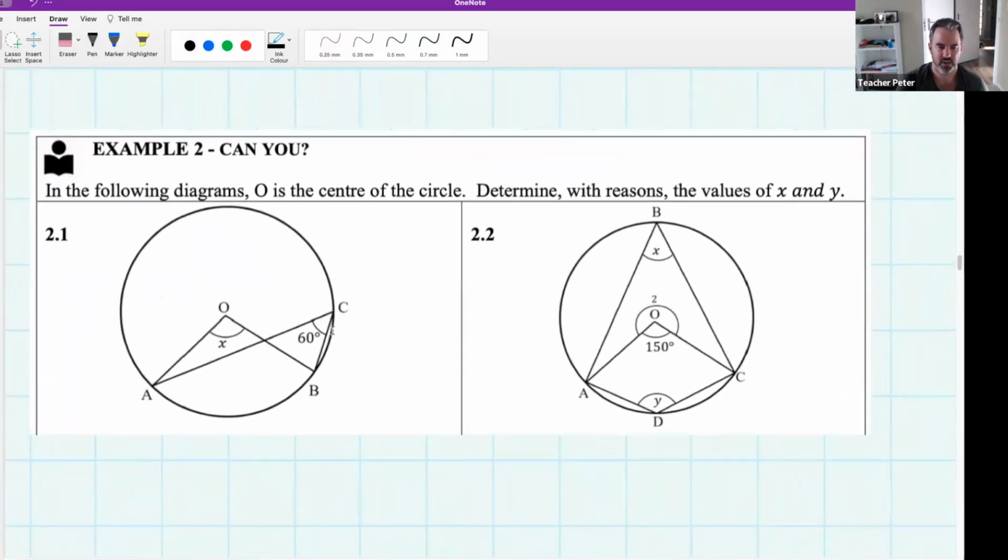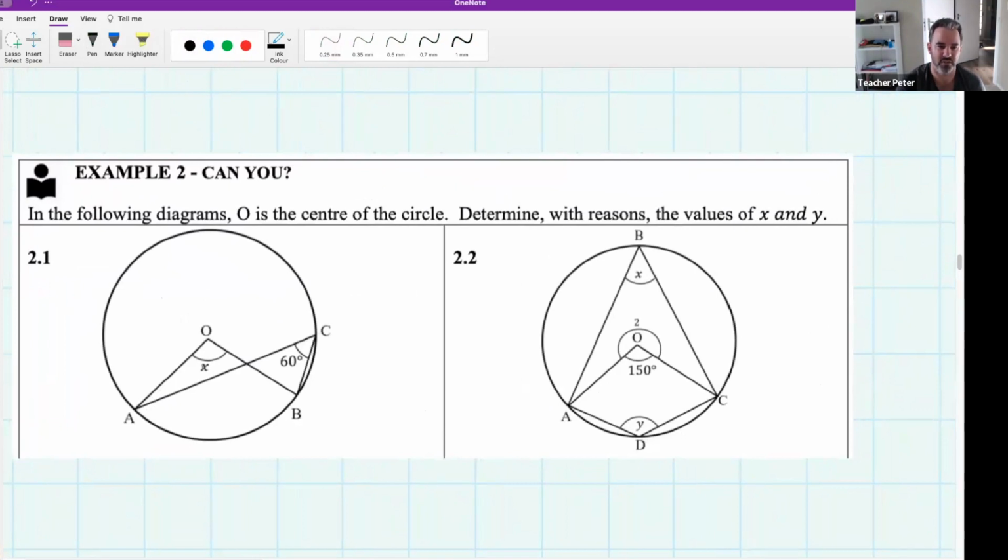Now, I want us to try and find the value of X in this drawing. What do we think the value of X is going to be in this drawing?